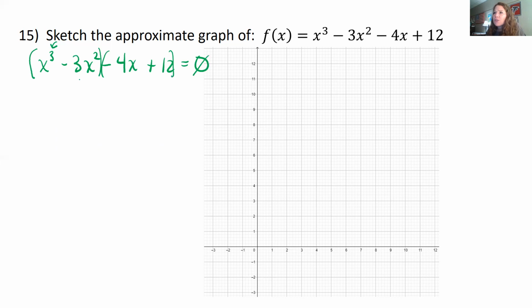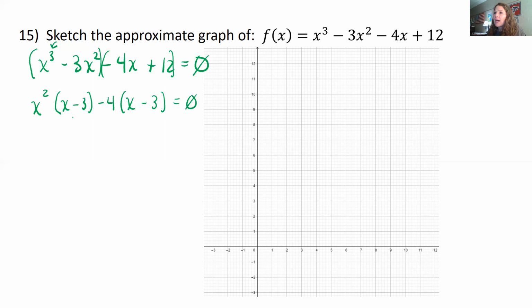So what do these two terms have in common? Well, x squared. And if we factor out x squared, we get x minus 3. And then here we can pull out a negative 4, and we'd have x minus 3.